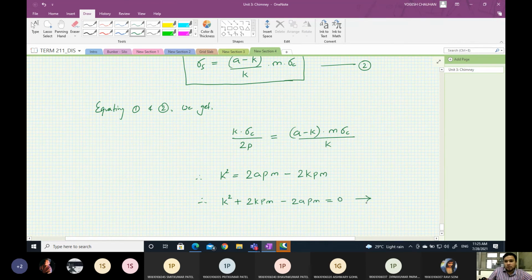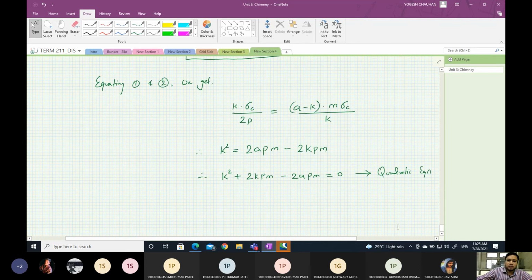Okay, so this is a quadratic equation. And the solution of this quadratic equation, if you remember, is: if we have a x square plus b x plus c equals 0, then the solution x is equal to minus b plus or minus square root of b square minus 4ac, divided by 2a.